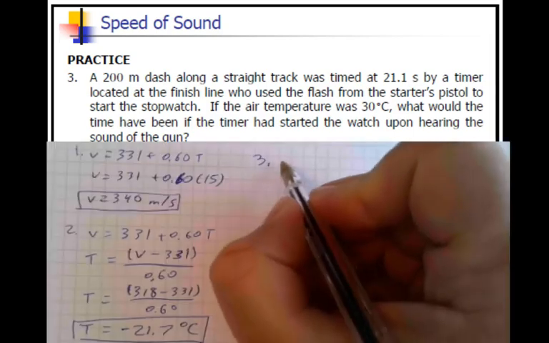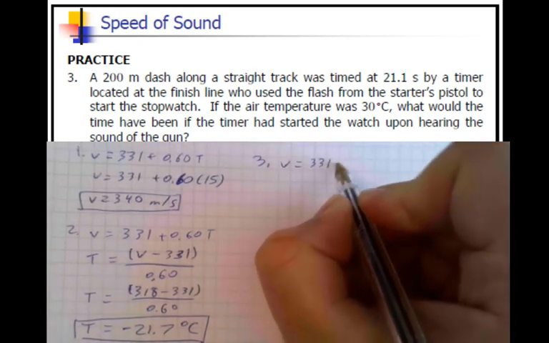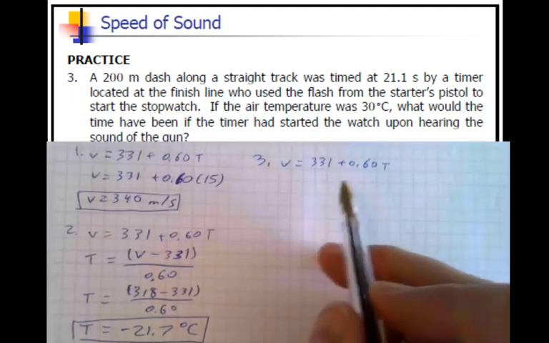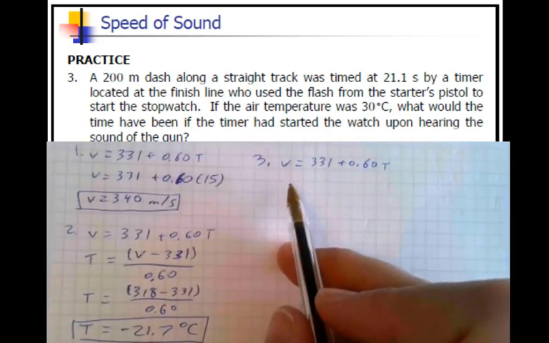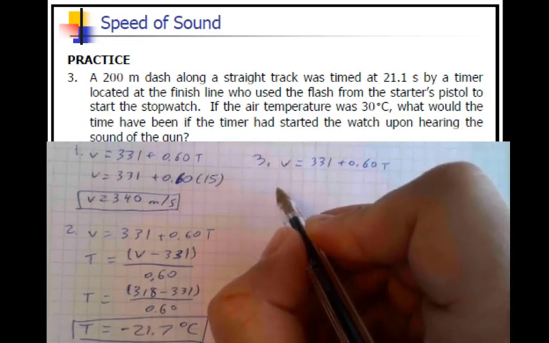Well, let's first find out what the velocity is. So 331 plus 0.60 T. Here, we can substitute 30 into that and get our V. We then need to use V equals d over t after that.